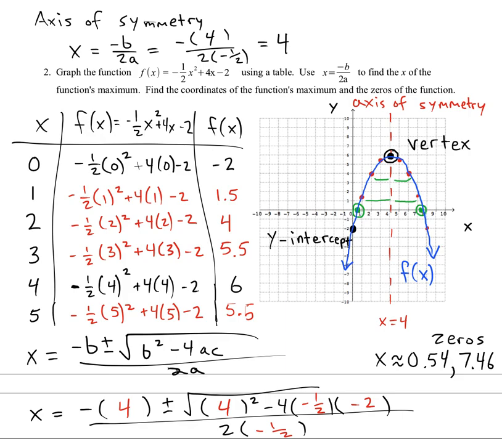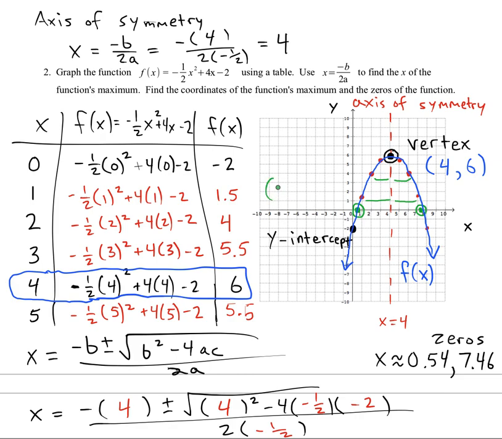And we can label the coordinates of the vertex. That is 4, 6. The vertex was this row right here. And we could label the zeros too.